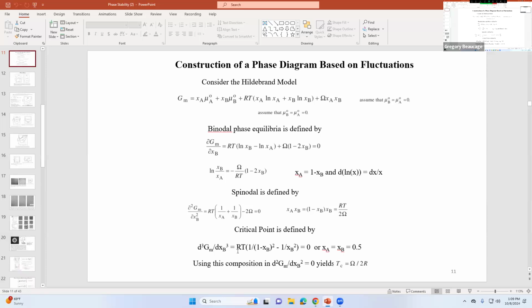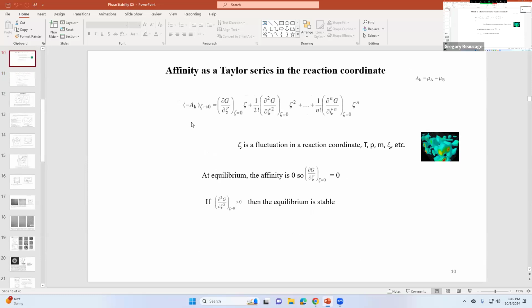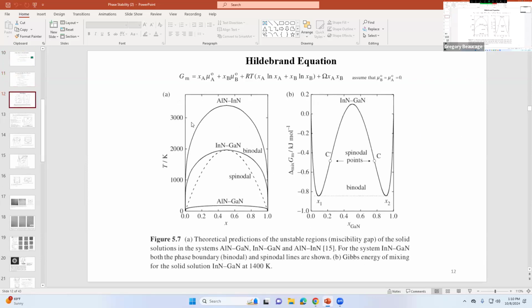You can plug that into the equation for the spinodal, because at the critical point, all three apply. And then you get a solution for the critical temperature, which you can plug back into these equations and solve the entire phase diagram, just knowing the critical temperature. Okay, so if you know the critical temperature, you know everything else. You can predict all the other parts of the phase diagram. So this is the simple spinodal phase diagram.